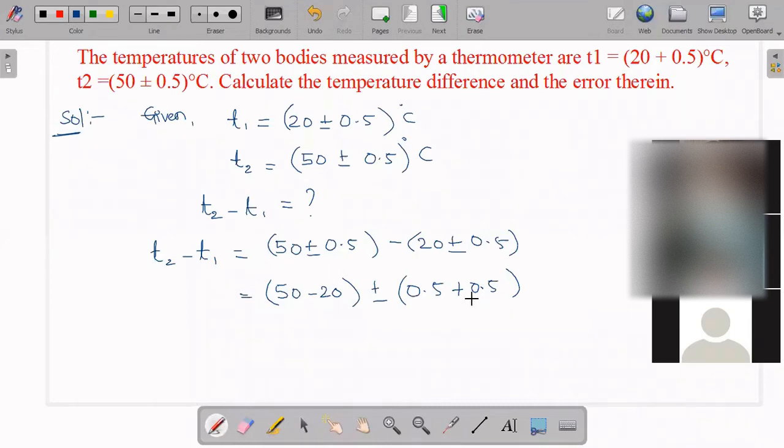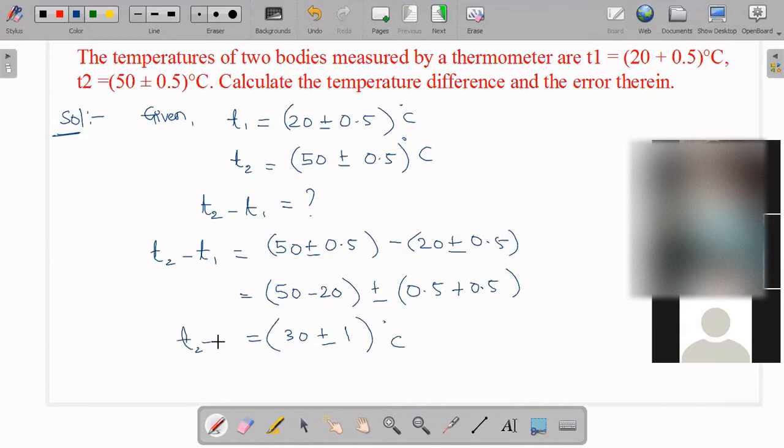We have seen this in the rules of combination of errors. When we are adding or subtracting, we add the errors, and only the actual values we subtract. So 50 minus 20 is 30, plus or minus 0.5 plus 0.5, which is 1. So the temperature difference is 30 degrees Celsius.